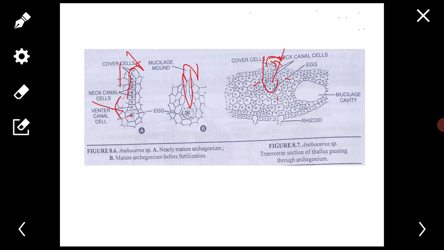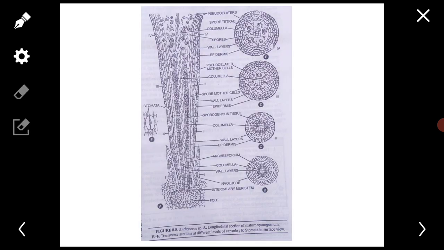Next, the sporophyte. The diploid zygote is the first cell of the sporophytic generation. It enlarges in size and secretes its own cell wall.